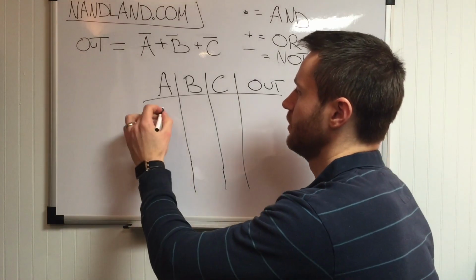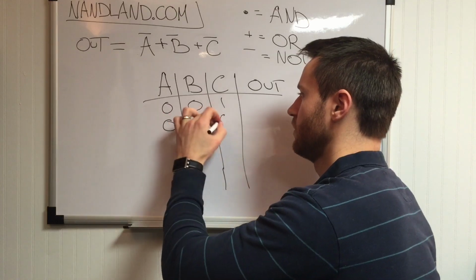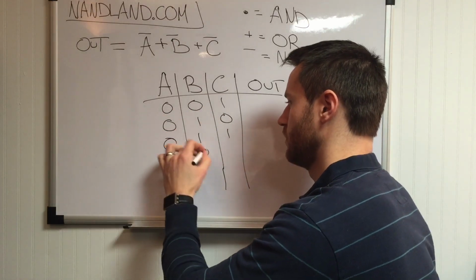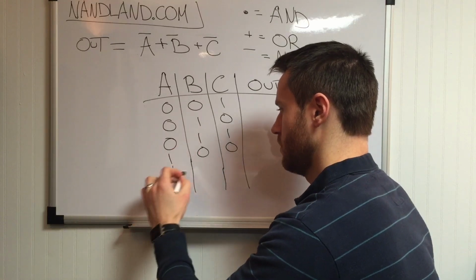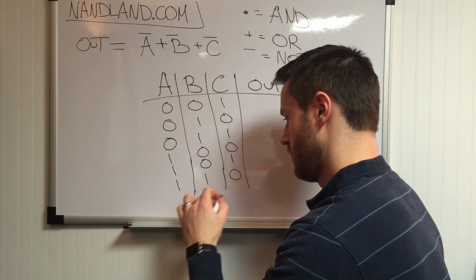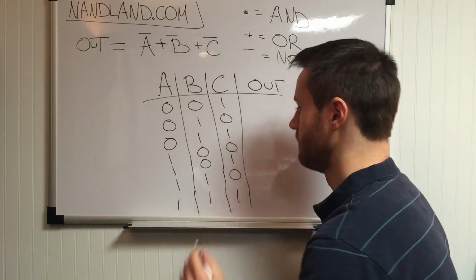So counting in binary would be 0, 0, 1, 0, 1, 0, 0, 1, 1, 1, 0, 0, 1, 0, 1, 1, 1, 0, and the very last one is 1, 1, 1.